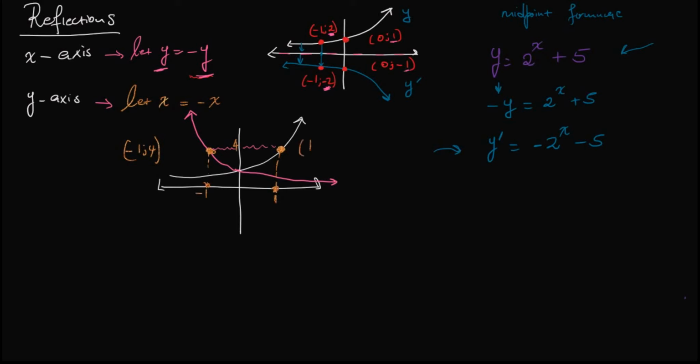So this point is (1, 4). So you can see the x value for the reflected point. Say this is point P. So this point will be P prime after you have just reflected it. So the original x value is positive, and then the x value for the reflected point is negative. So you take x to be -x. So that is how you reflect about the x and y axis.